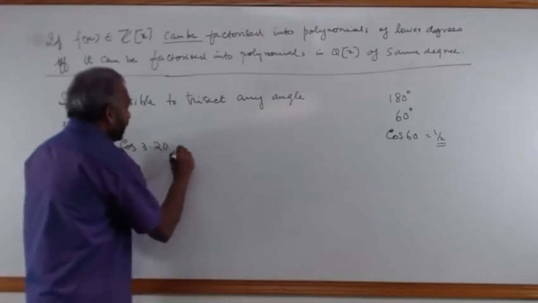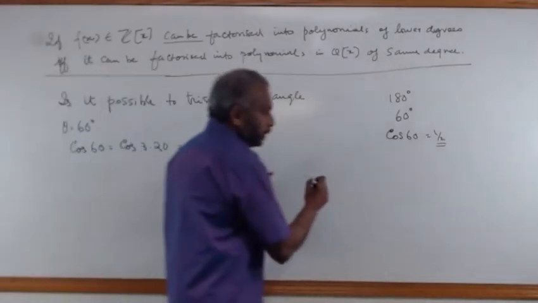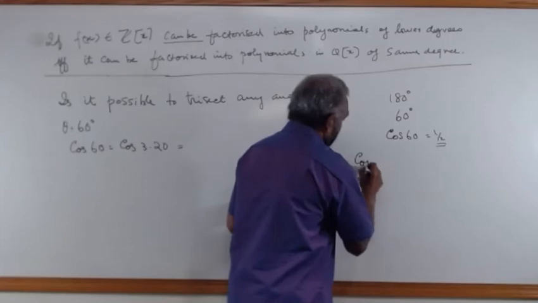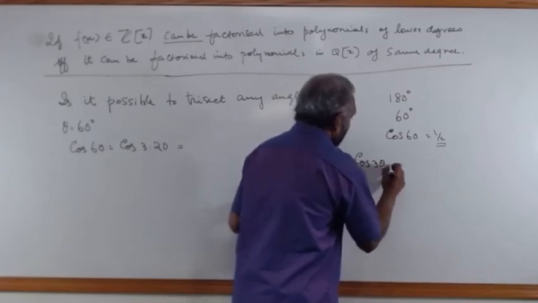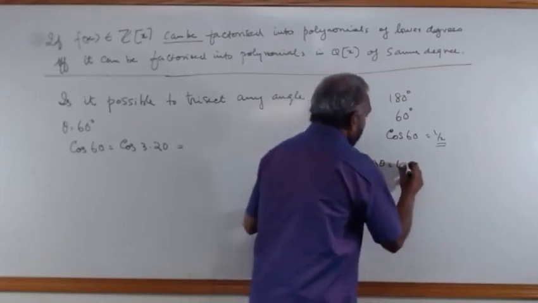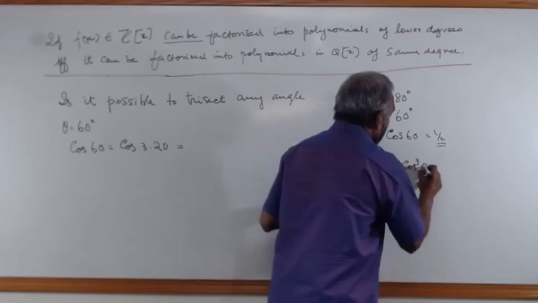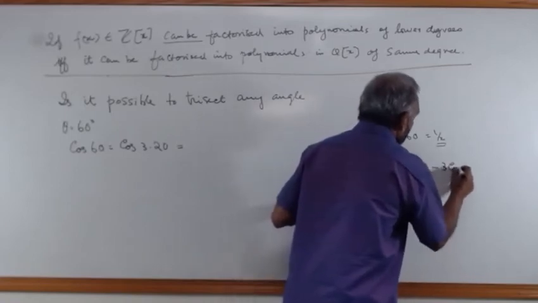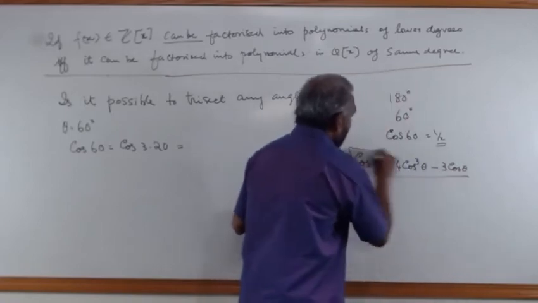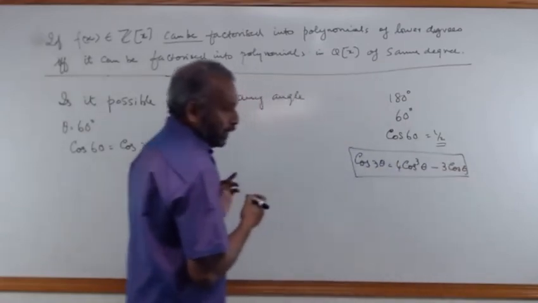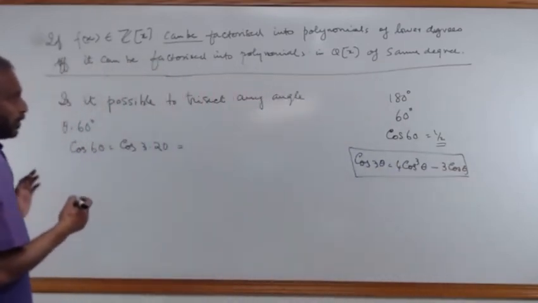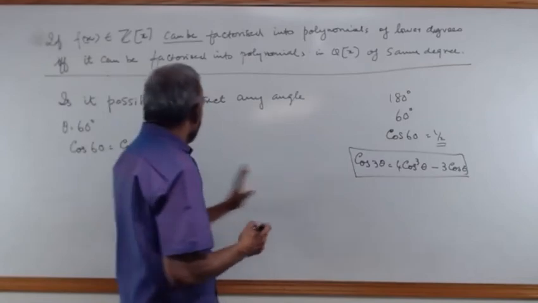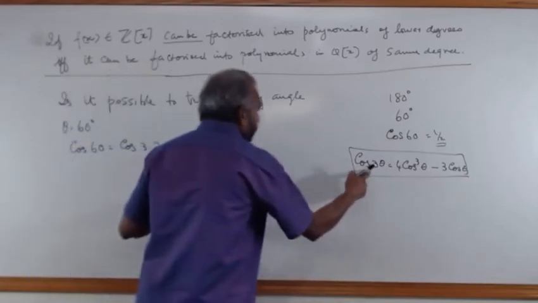That is actually equal to, cos 3 theta equal to 4 cos cube theta minus 3 cos theta. You can derive this one using elementary trigonometry, so I'm not going to prove this one.